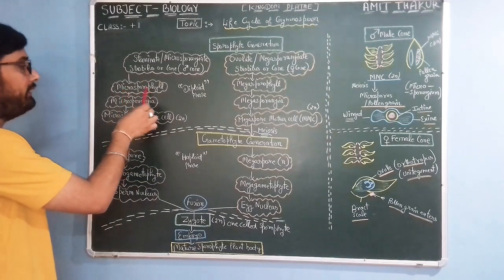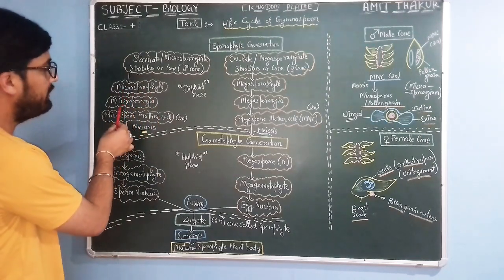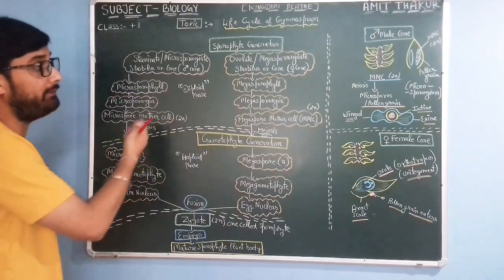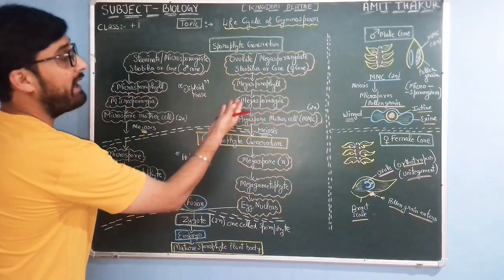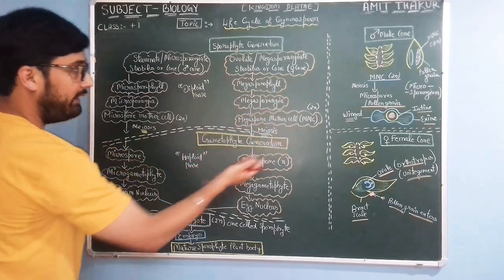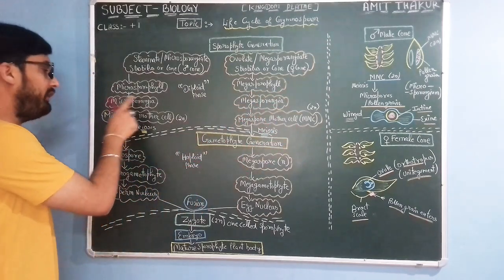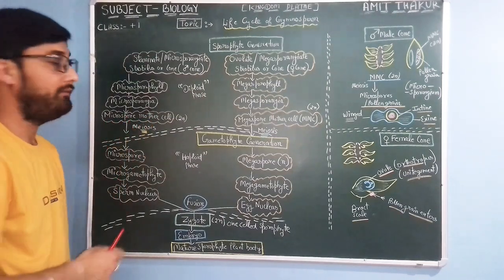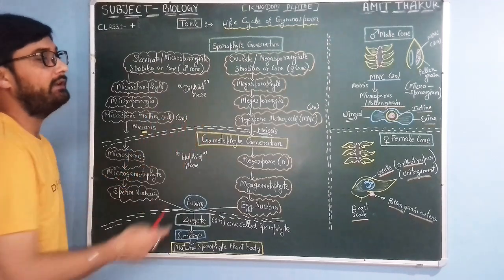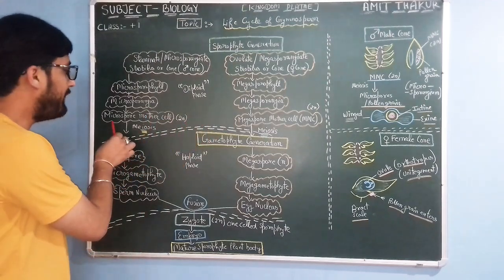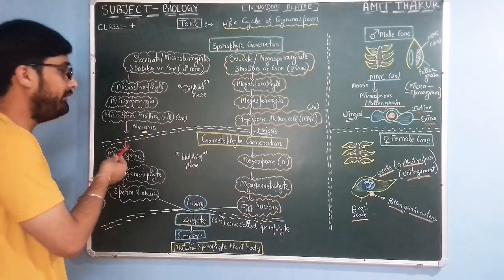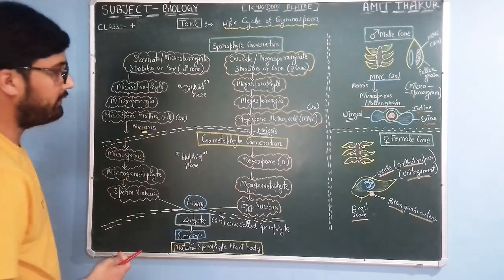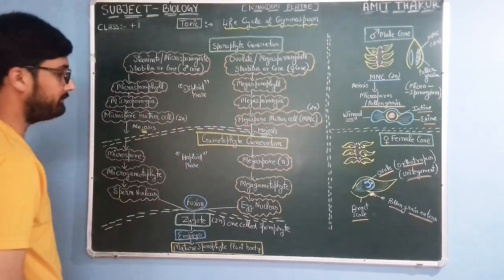So the microsporophyll then changes into microsporangia, and inside this microsporangia, as we have seen in the case of females with megasporangia and megaspore mother cell, similarly, microspore mother cells are formed, which are also diploid. And this microspore mother cell now undergoes meiosis in order to form the male gamete, as in the case of female.